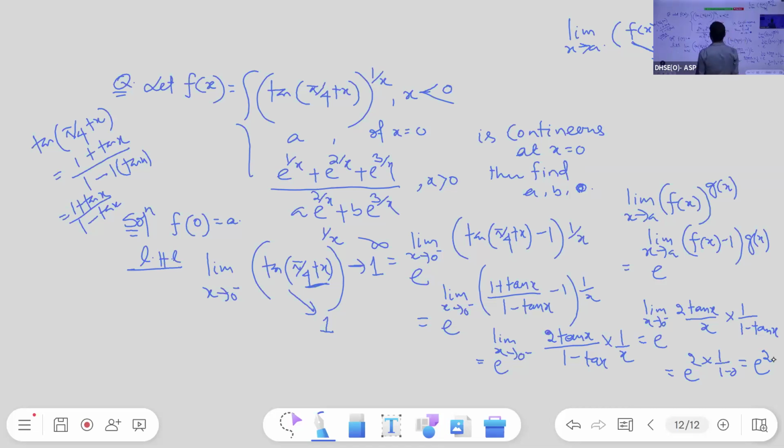Then we have to find the right hand limit. So the right hand limit will be calculated at this point of this function.